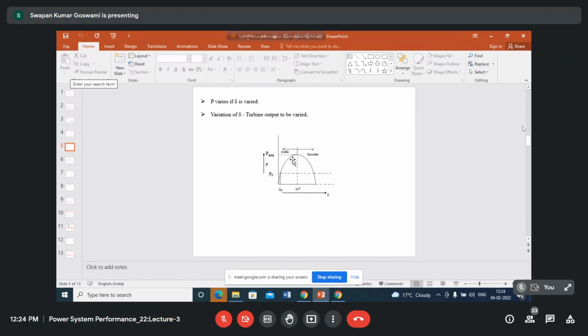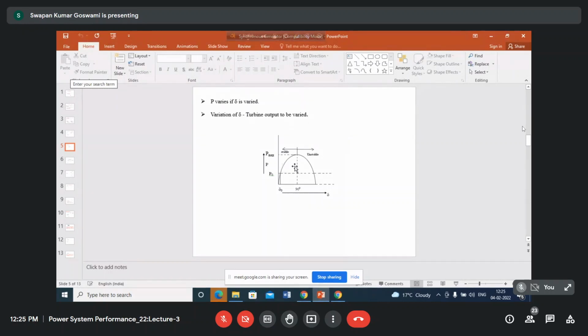So when the machine is operating at steady state, its operating angle has to be from 0 to 90 degree. During the oscillation, it may be such that sometimes delta may cross 90 degree, but it will come back to a value below 90 degree, because at stable condition the operating angle has to be below 90 degree.